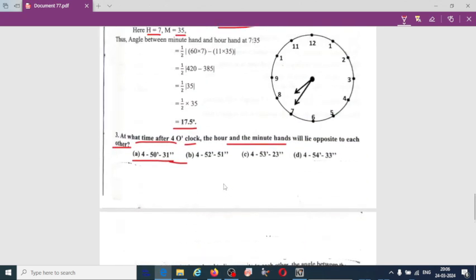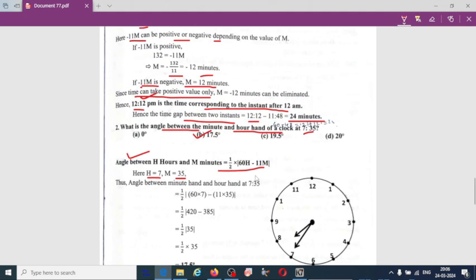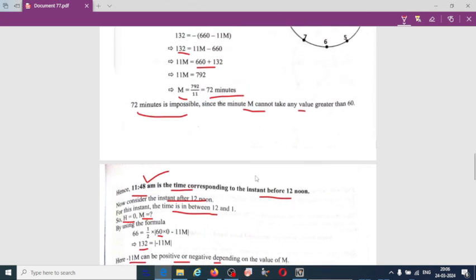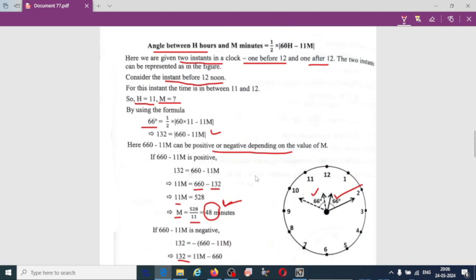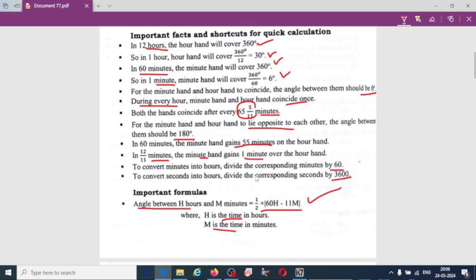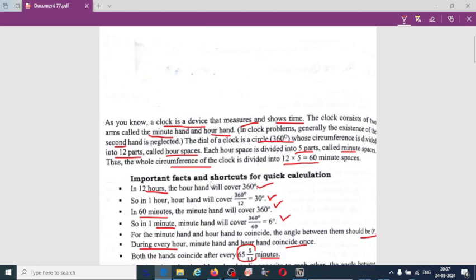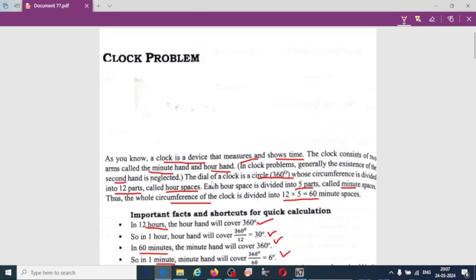So option D is correct. So like this you should solve given problems related to clock. If you follow these tricks or the formula or the important notes, then you can clearly solve the clock problems.